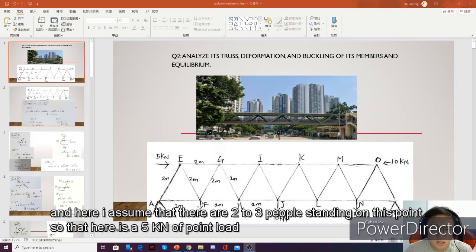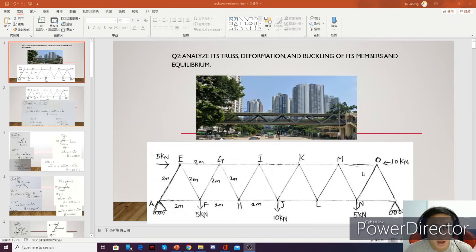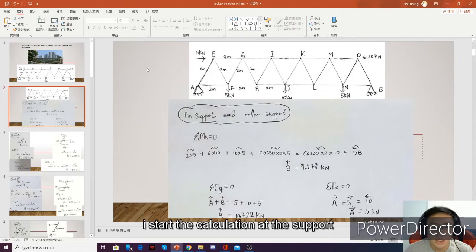And here I assume that 2 to 3 people are standing at this point, so you have a 5 kN point load, and also here, and this 10 kN loading is the weight of the footbridge itself.